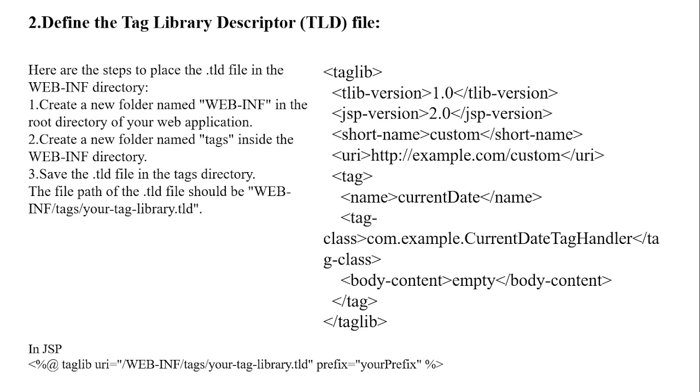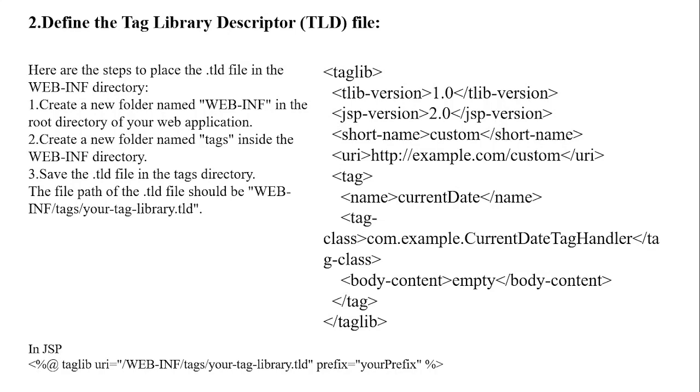And now let's see the next part. After defining the tag handler class, we have to define the TLD file. The step is to place the .tld file in the WEB-INF folder. So in this TLD file, the code we have written is this. So taglib, version of taglib, short name, so short name is custom to define the tag, and URI, the full path of this class file.